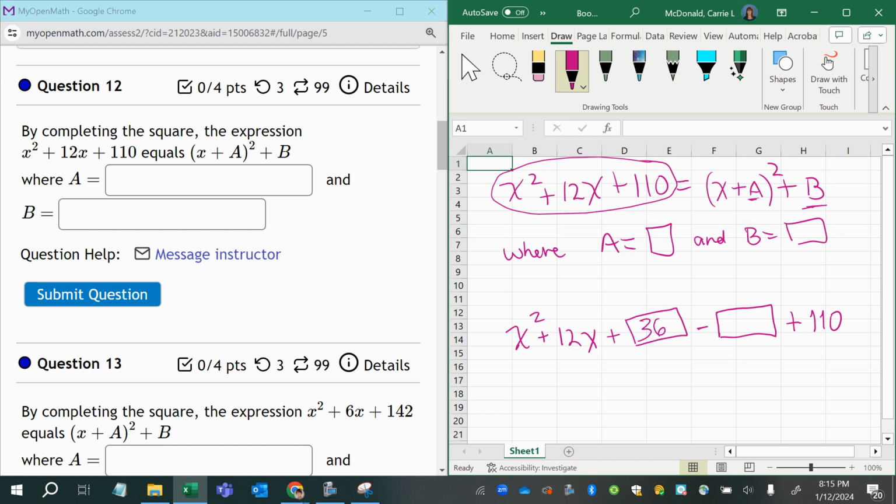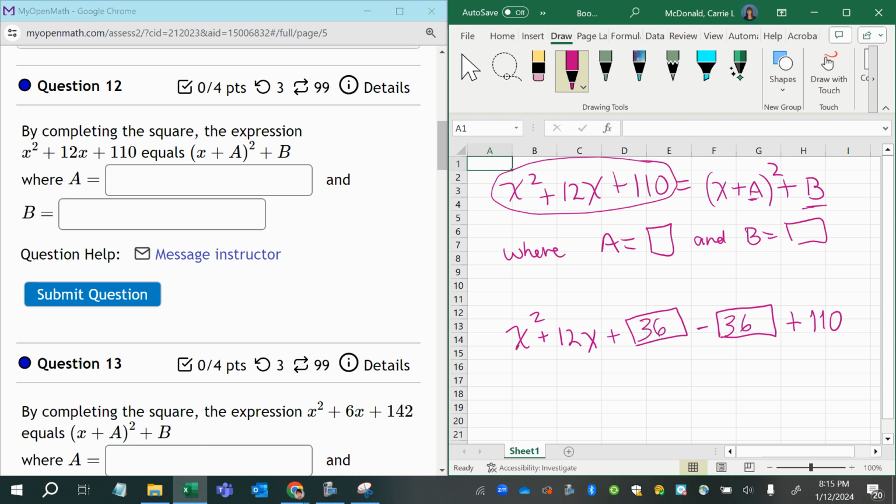But this is an expression right here. The equal sign just shows us what our final form would look like. This is what we are completing the square of. And without an equal sign to add 36 on both sides, I can still add 36 as long as I also subtract 36 to zero it back out.